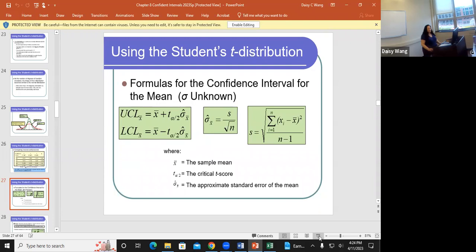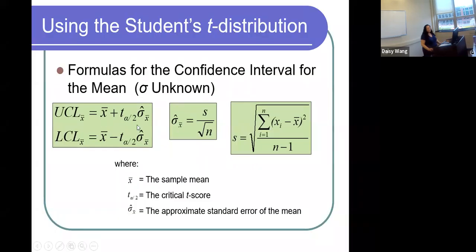So for this, we just need to figure out the critical t-score by looking at the table. And we need to calculate the sample standard deviation, and then the standard error of the mean by using that divided by the square root of n.